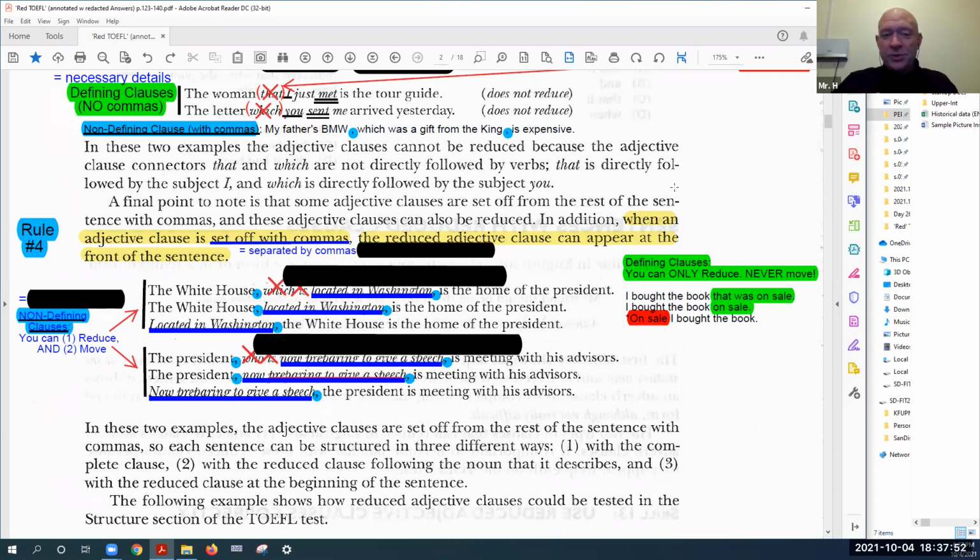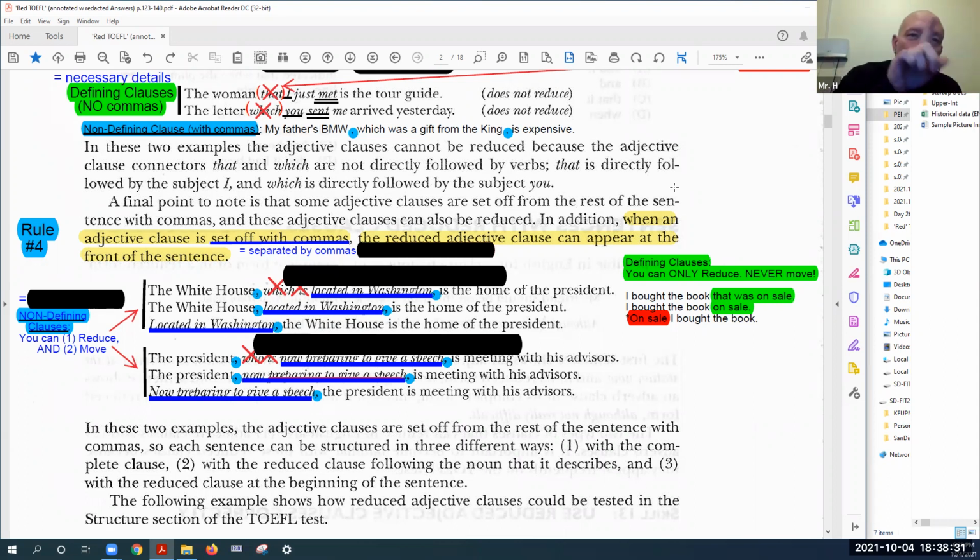So when you have one of these adjective clauses, and it's between commas, you can first decrease it or reduce it, and then second, after you decrease it, you can move it to the beginning.